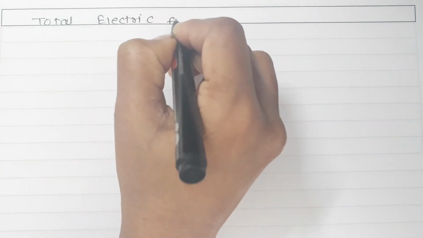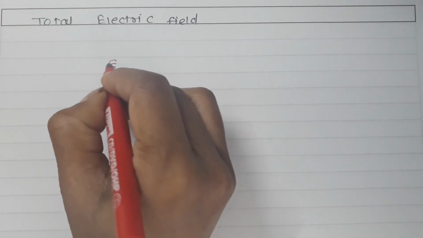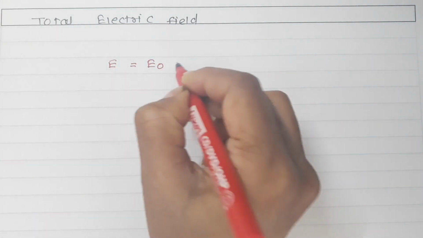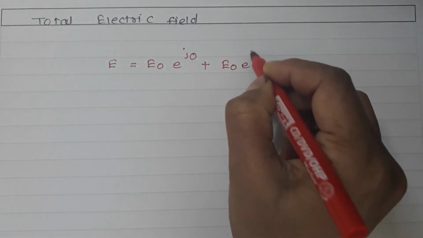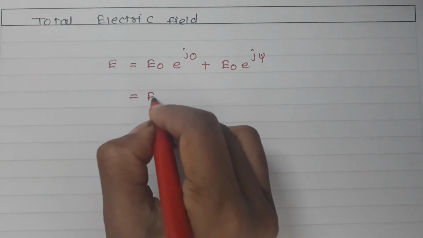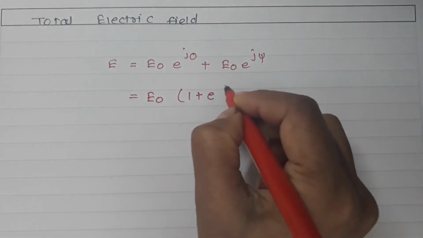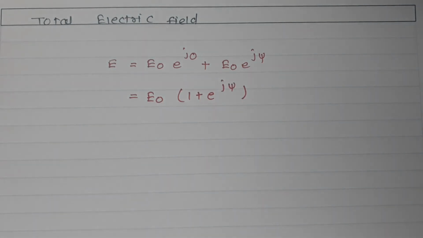So if I'm interested in the total electric field, you can calculate it like this. E is equal to E0 e raised to j0 plus E0 e raised to j psi, which is E0 times (1 plus e raised to j psi).